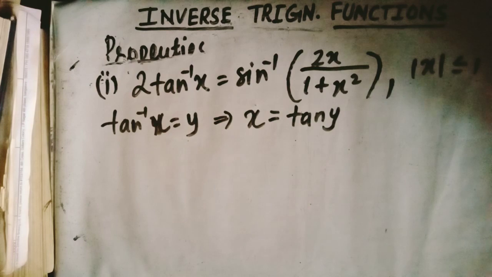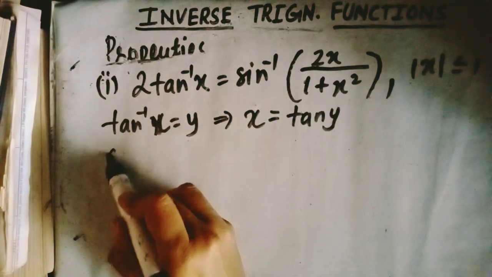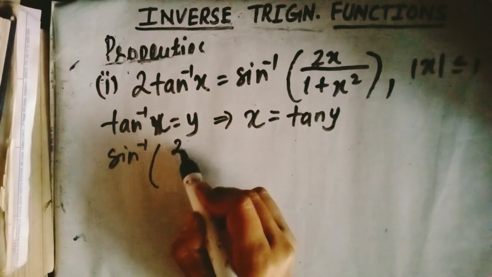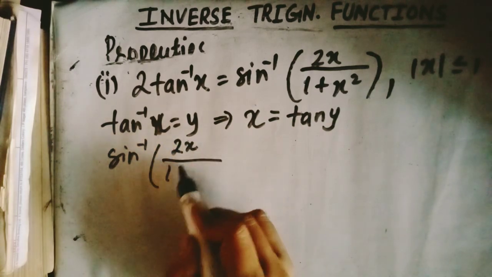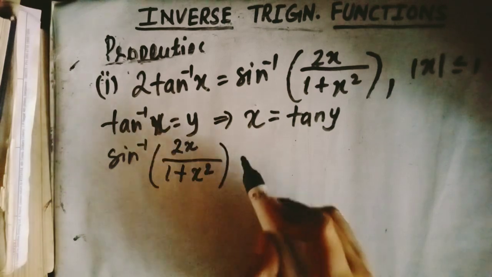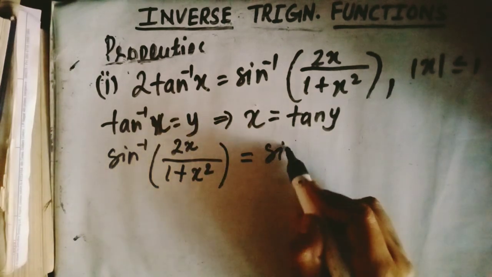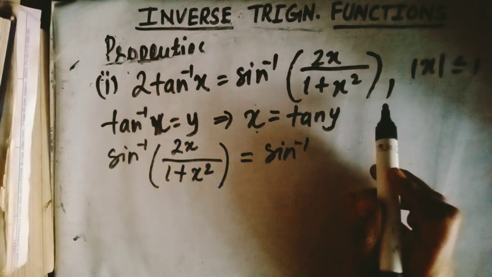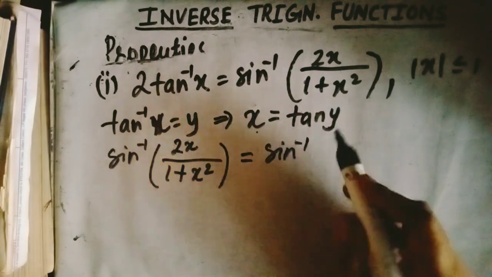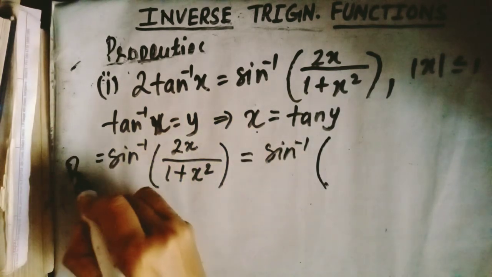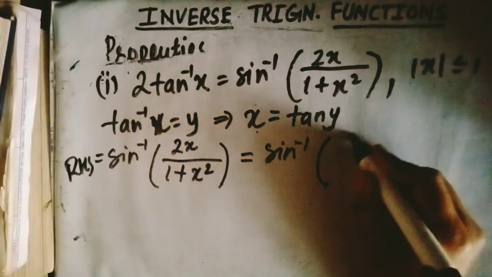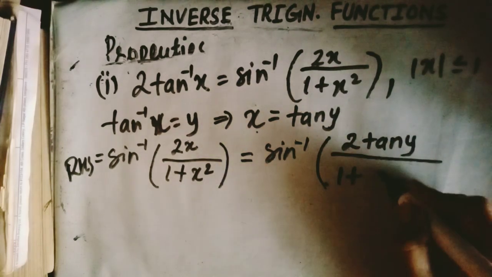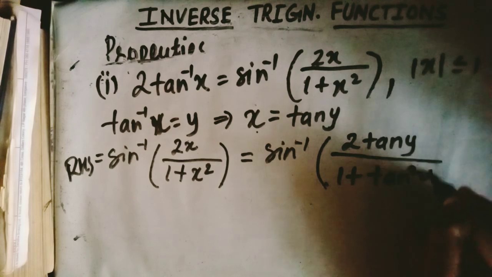And taking the other side, take sine inverse of 2x upon 1 plus x square. Now we have taken x to be tan of y, so you can substitute it in place of x. This is your RHS, so 2 into tan y upon 1 plus tan square y.